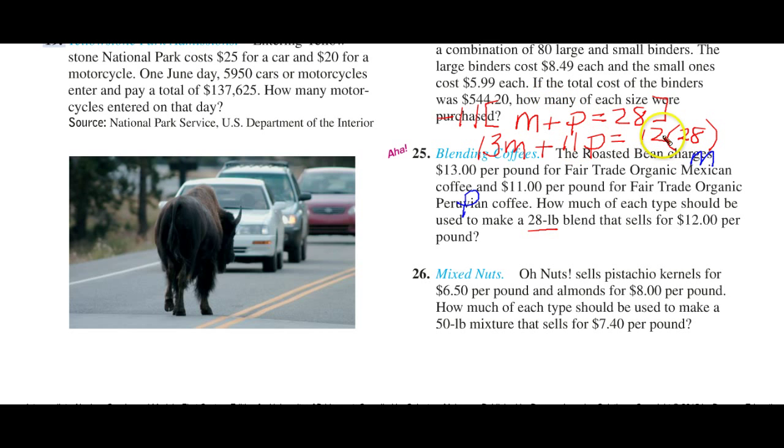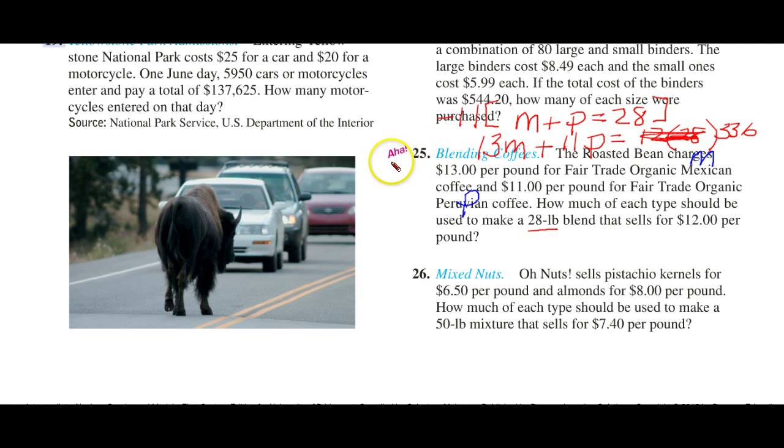And keep in mind, when you multiply this, it becomes 336. You can put it in that way. And again, you do your subtraction and solve for one of the letters.